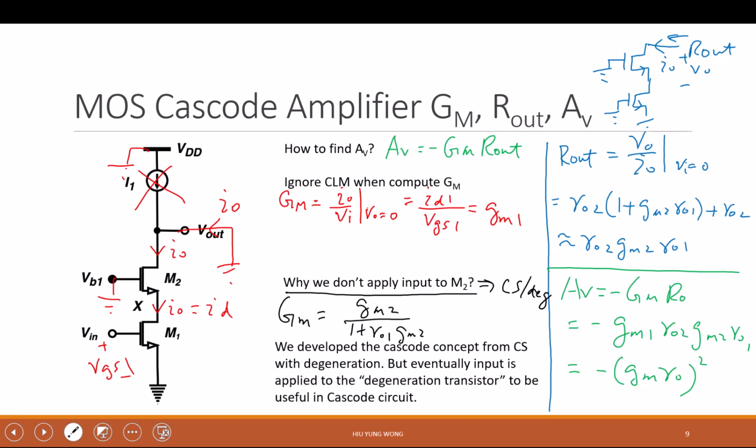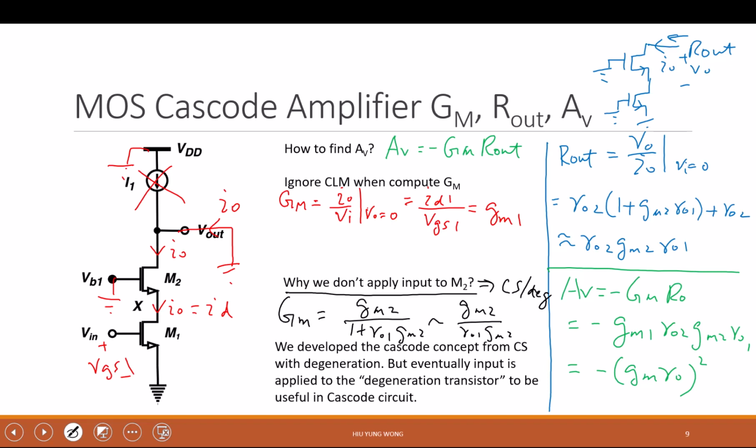Okay, make sense? If you remember, RO1 is just like RS, right? Then while your output impedance increased by so much, GM RO, your transconductance is approximately GM2 divided by 1 plus RO1 GM2, right? Your output impedance increased, but your transconductance reduced, so they got canceled.